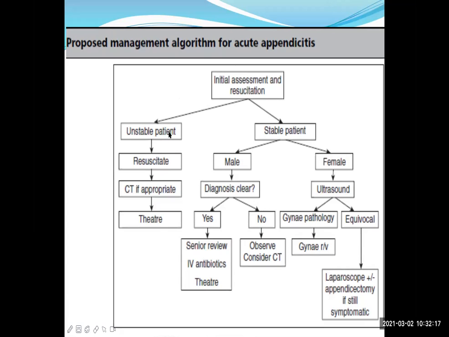If the patient is unstable, meaning the patient looks sick and the vital signs are not normal, you need to resuscitate, give IV fluid, bring the vital signs back to normal, do a CT if the diagnosis is still in doubt, and after that take the patient to the operation theater for surgery. In a stable patient where vital signs are within normal limits, in case of a male, we do it like this. In case of a female, there is a high chance of gynecological pathology, so we follow this type of algorithm. It is very easy to understand.